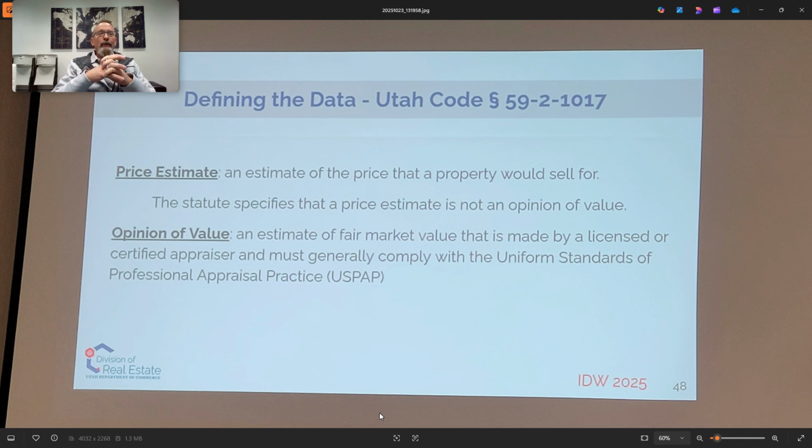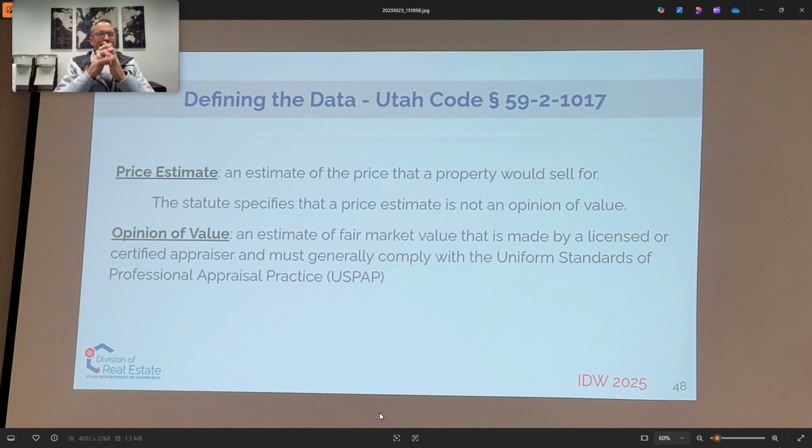You do not have the right to offer an opinion of value. You do have the right in your CMA, a comparable market analysis, to give a price estimate. Doesn't it seem weird that, functionally, you would be doing the same thing, but the words that you use in your conclusion really do matter.